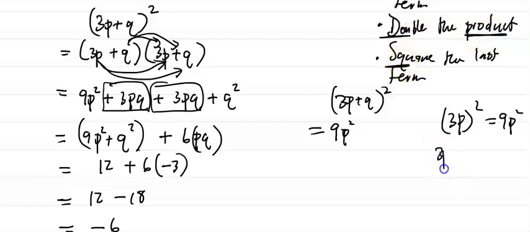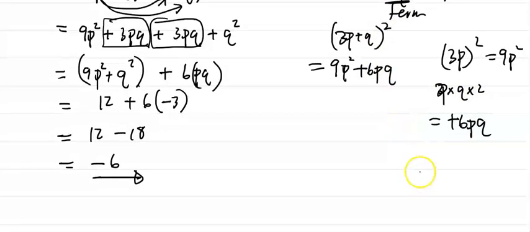So it will be 3p times q times 2. And that will equal 3p times q is plus 3pq, and plus 3pq times 2 is positive 6pq. So it will be plus 6pq. And square the last term now will be plus q all squared.